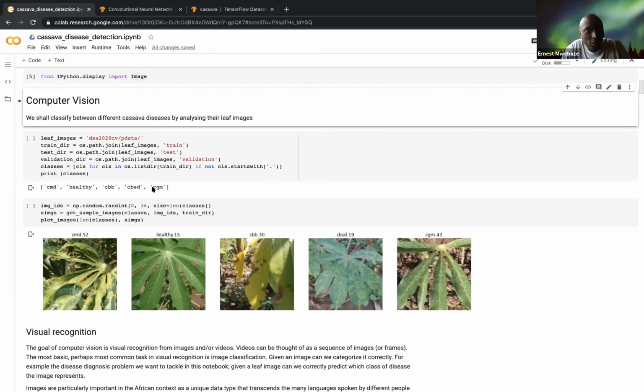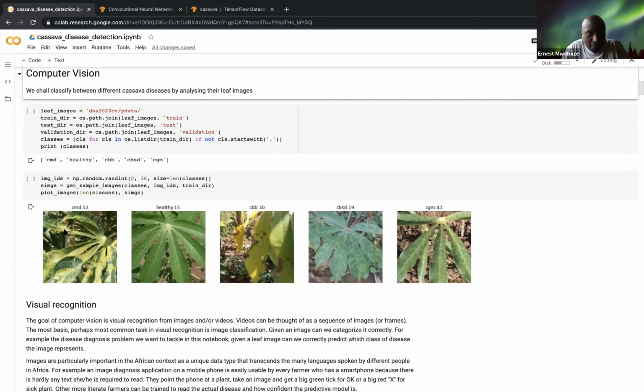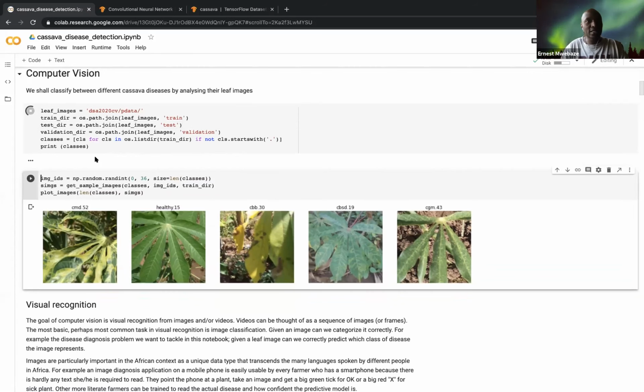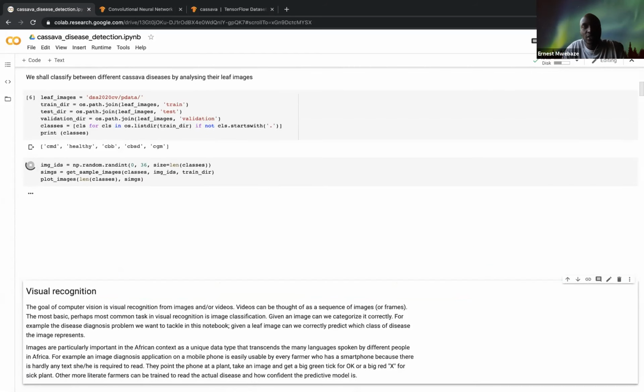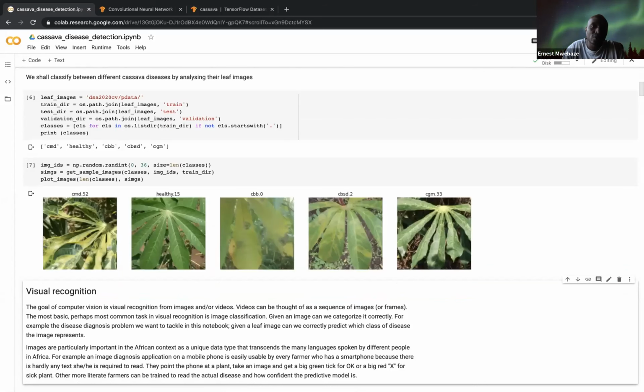And so the sample data we have is about 400-something images that you download from GitHub. If you run these commands, this basically lists the classes. Which classes do you have? The next command picks a random set of images for the classes. So when you run this on your Colab, it's likely you'll get different images. But these are just typical examples of what images are in the different classes.